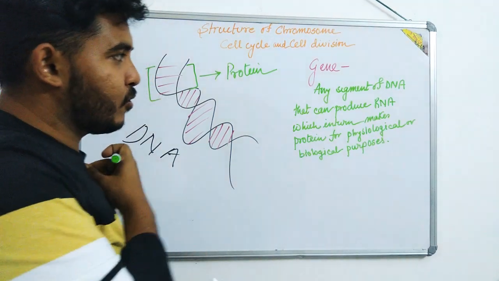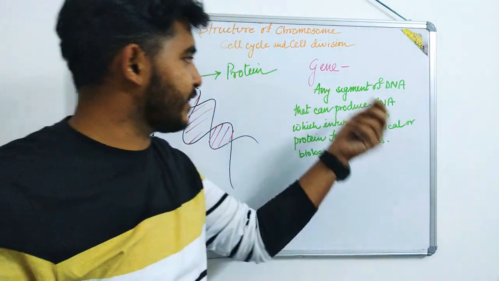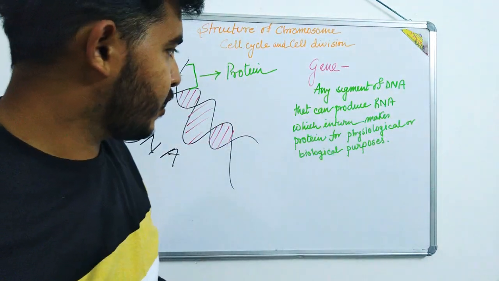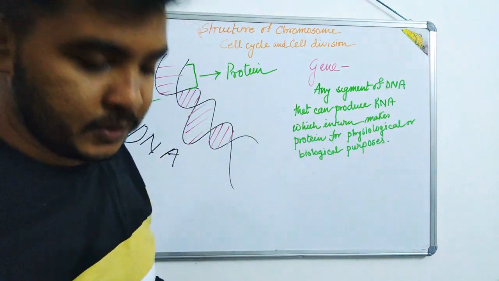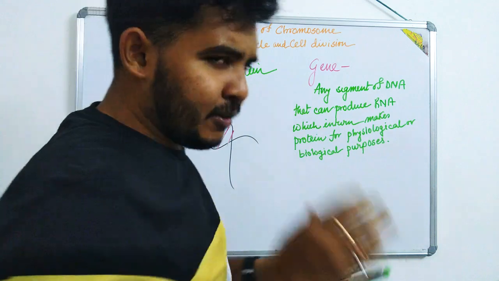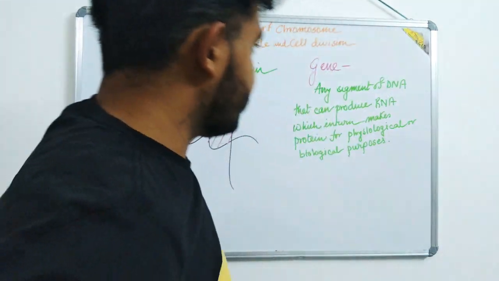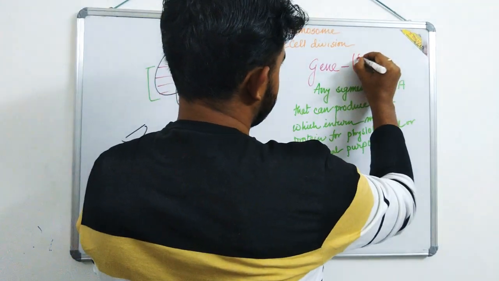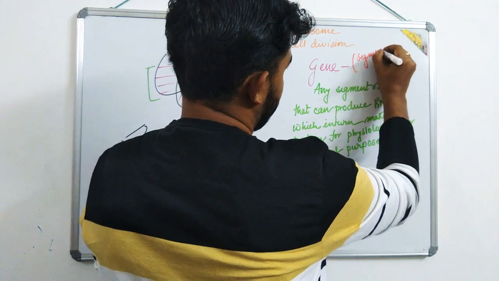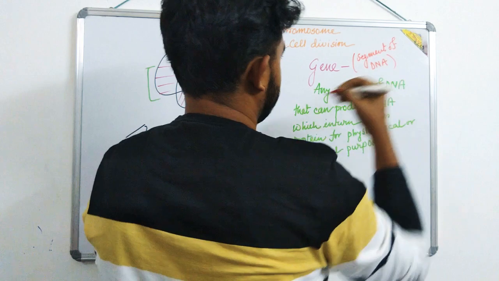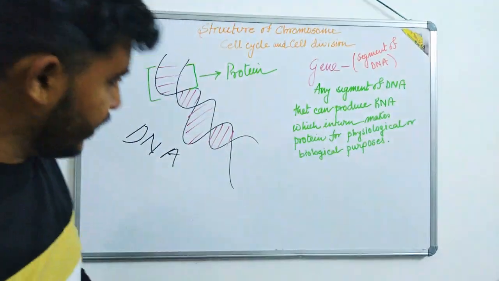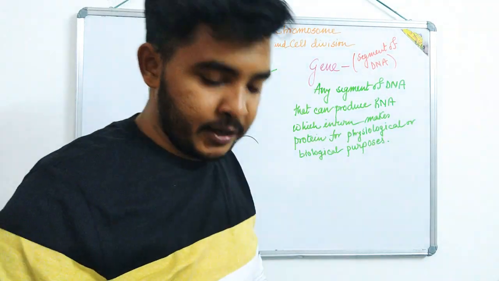Okay, so you can make it short, no problem. Any segment of DNA that can produce RNA, which in turn makes protein for physiological or biological purposes. So gene, in a very short way, it is a segment of DNA. Okay, in MCQ tests you can also answer like that. Gene, it is a segment of DNA.